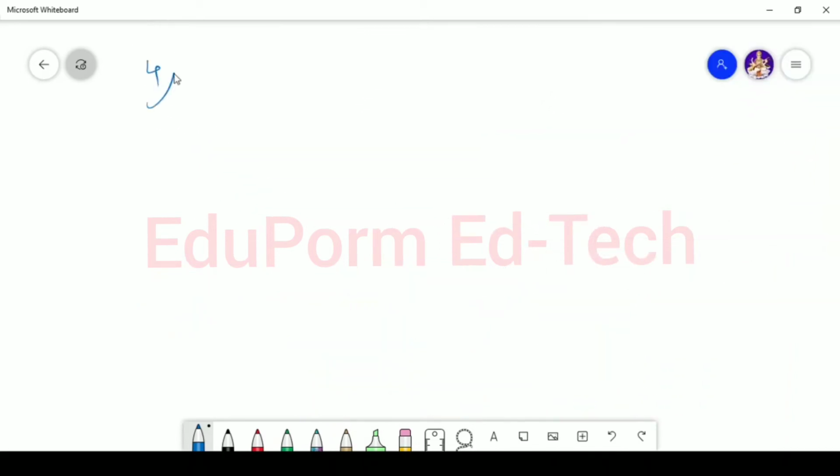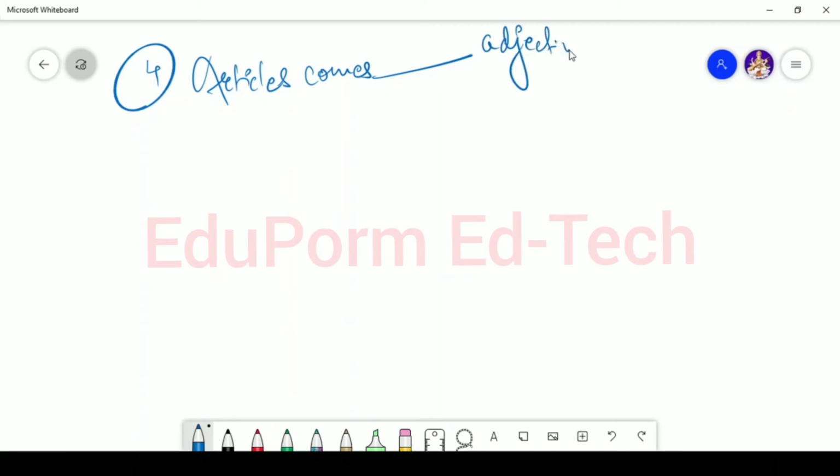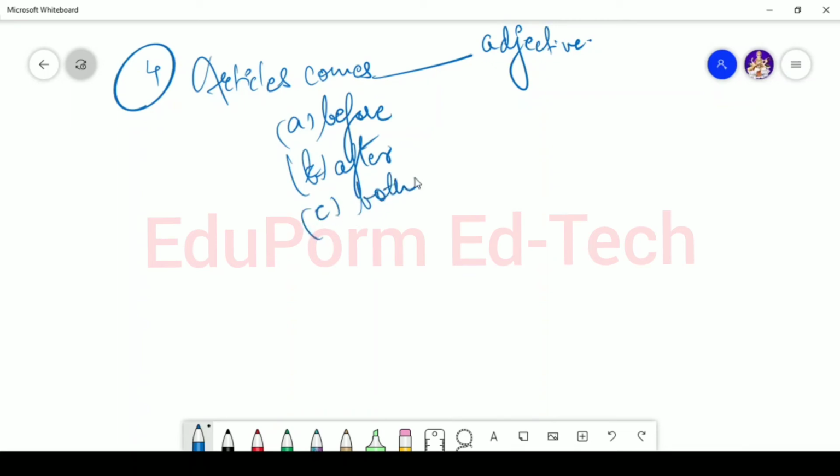Now let's see the fourth type of question. They may ask you a question from the rules. For example, they may ask you that the article comes dash adjective.